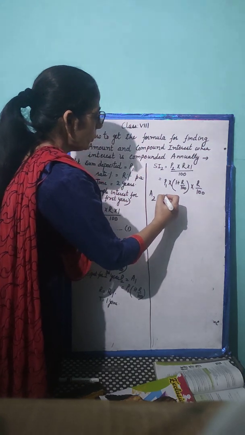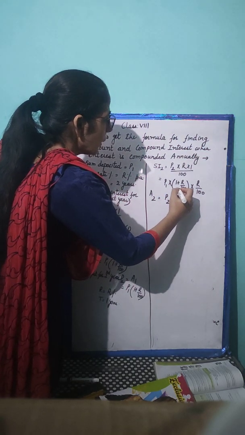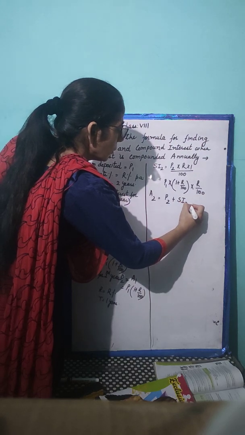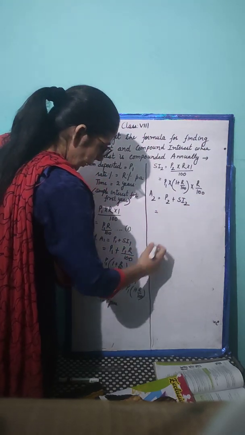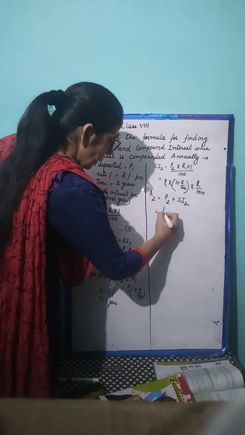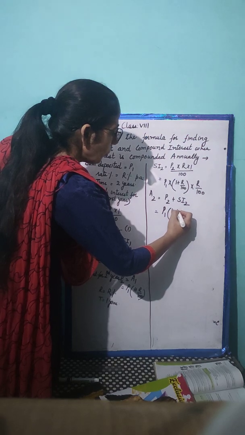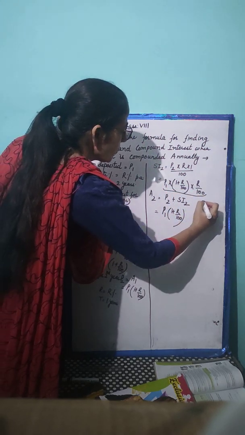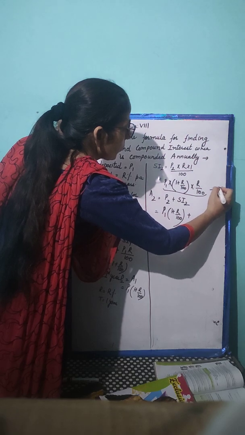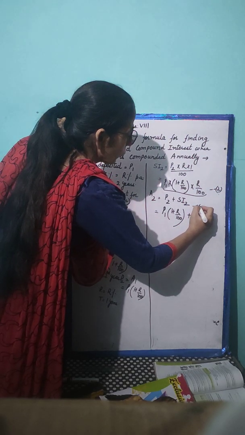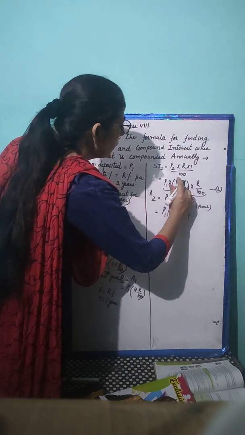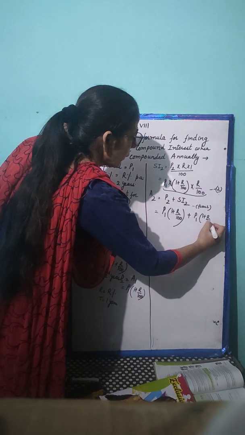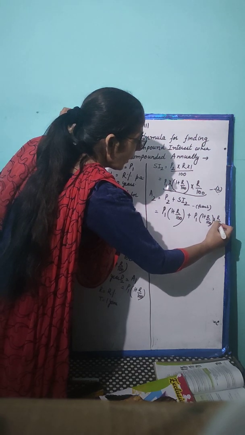A2 will be equal to P2 plus SI2. Again I am putting the value of P2 here, P1 into 1 plus R by 100, and the value of SI2, P1 into 1 plus R by 100 into R by 100.